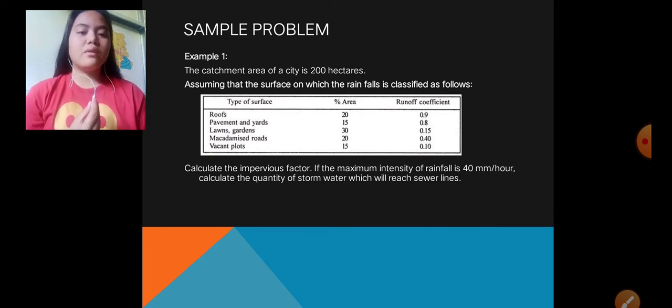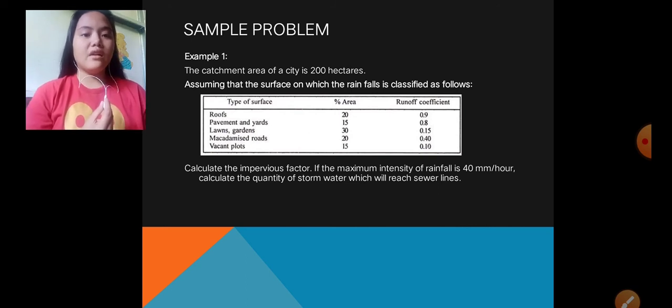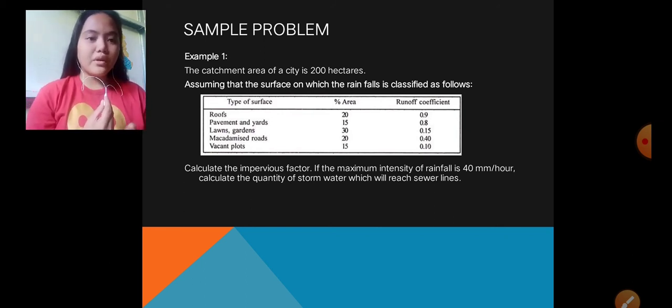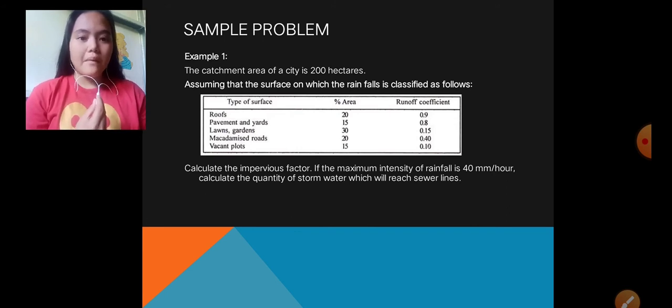Roof, 20% area, runoff coefficient of 0.9; pavement and yards, 15%, 0.8; lawns and gardens, 30%, 0.15; macadam roads, 20% area, 0.40 coefficient; and vacant plots, 15% and 0.10 coefficient. So calculate the impervious factor.